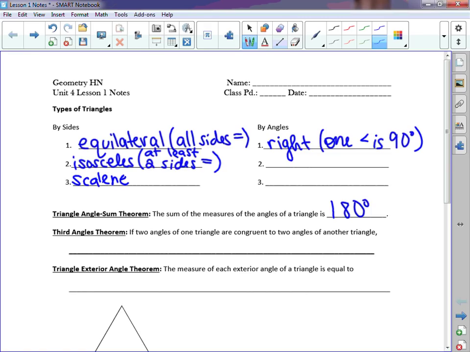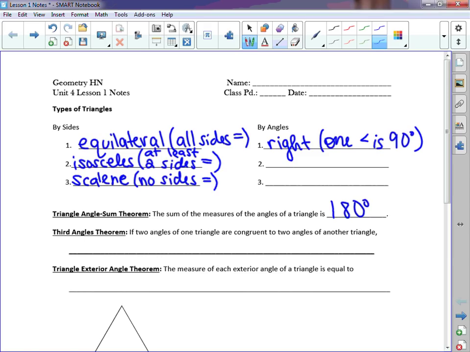And what is a scalene triangle? Good, none of the sides are equal, so no sides are equal. Okay, so equilateral, all are the same. Isosceles, at least two are the same. Scalene, none of them have the same length.